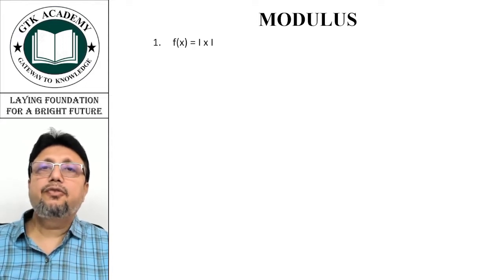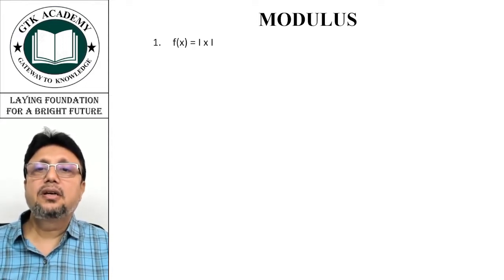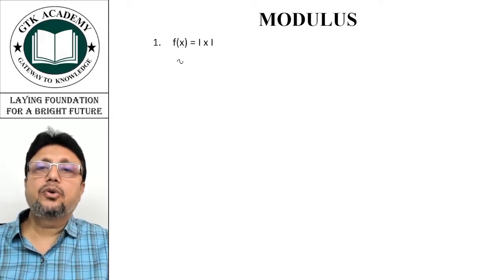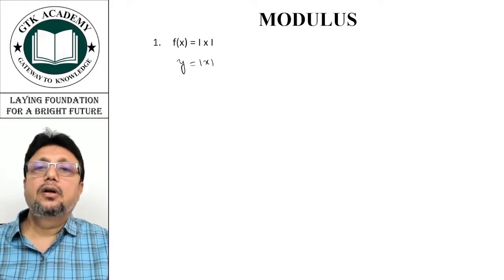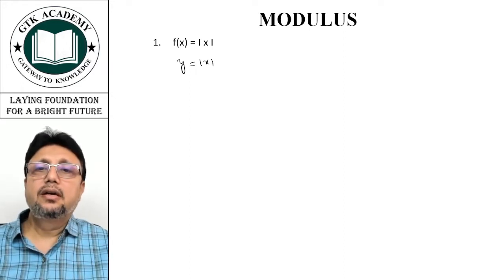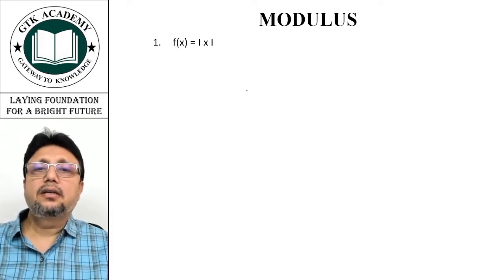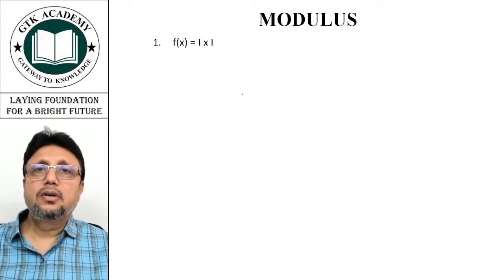Now, for example, if we have a function f(x) is equal to mod x, we can also write y is equal to mod x. Now, how do we define this function? We have already said that mod is always positive.